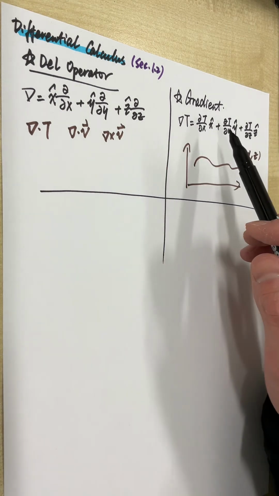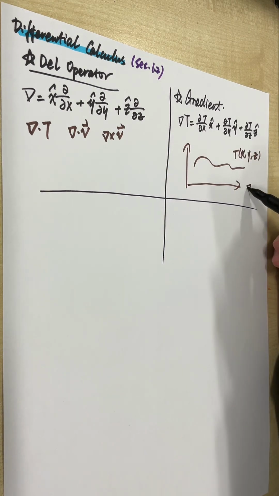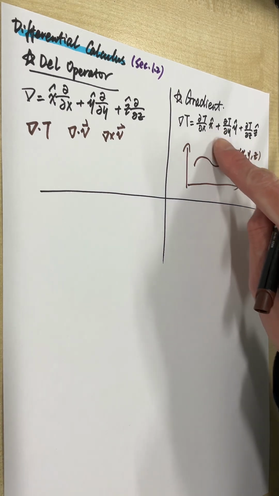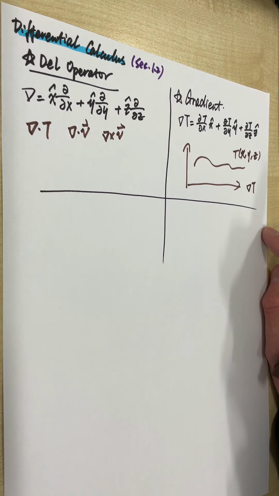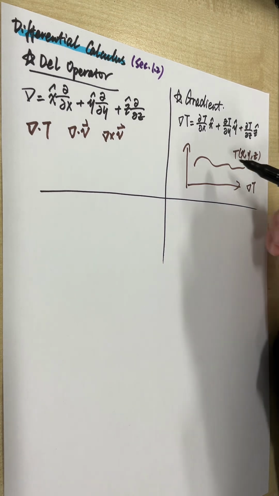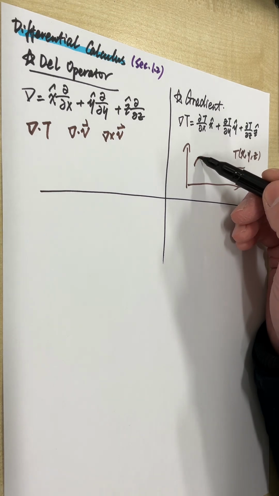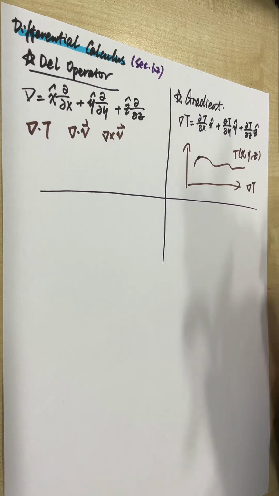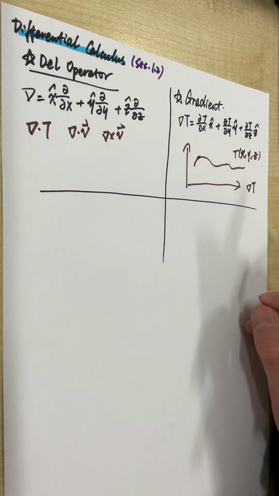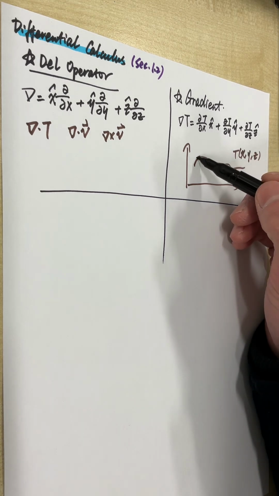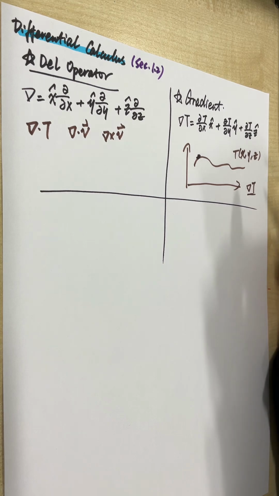By applying the del operator, we will get a vector. So the output here is a vector. Obviously, we have directions now. So what does this vector tell us? The magnitude of the vector tells us how much T changes over an infinitesimal amount. And the direction of the gradient tells us the direction of change.